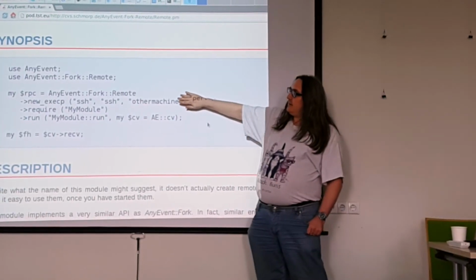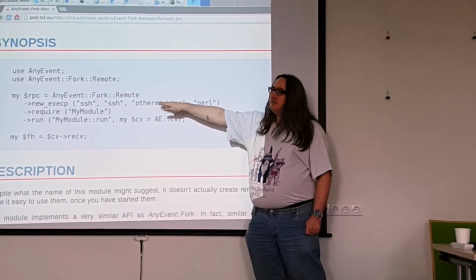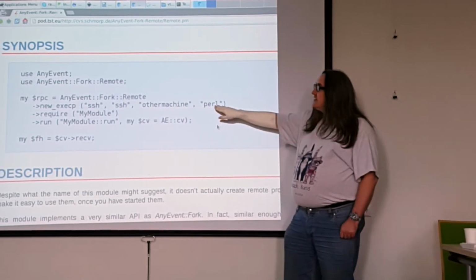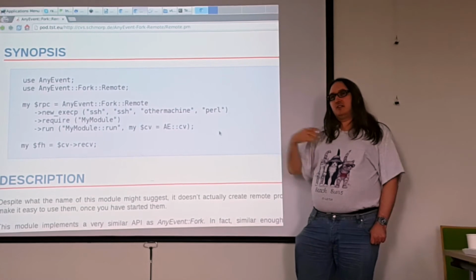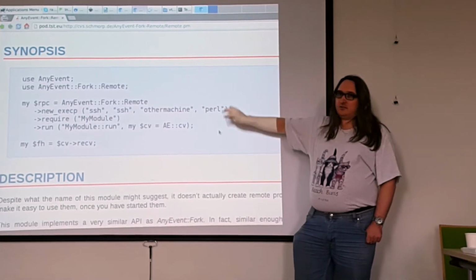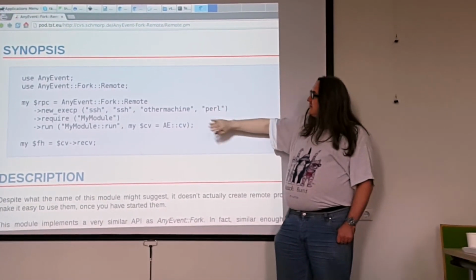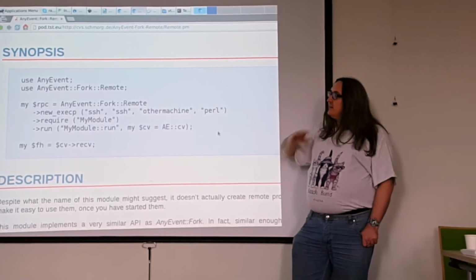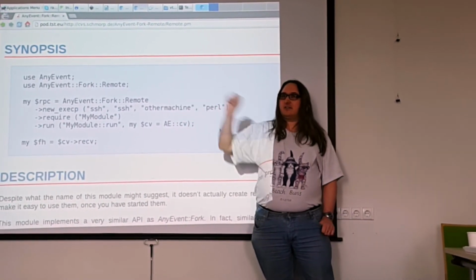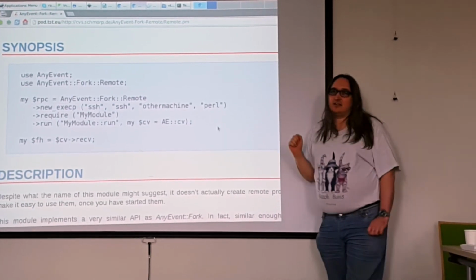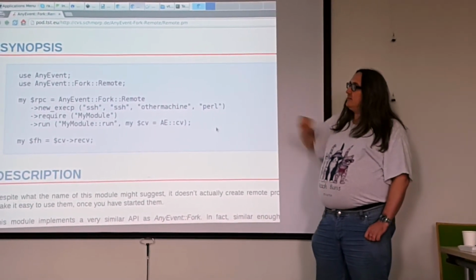And all you have to do is, no matter what you do here, the end result is Perl must run with standard input and standard output connected to Perl. It doesn't need any parameters or anything. Just make sure, however you want to do it, Perl is running on the other side of standard input and standard output. And one way to do that is SSH.